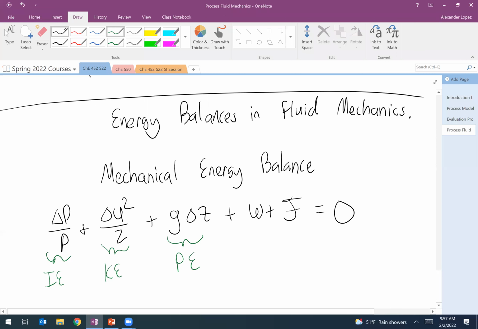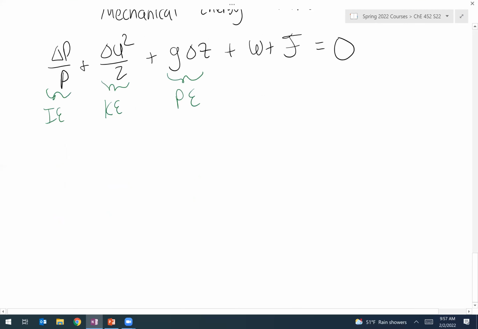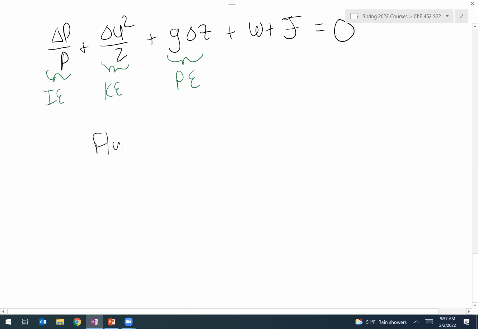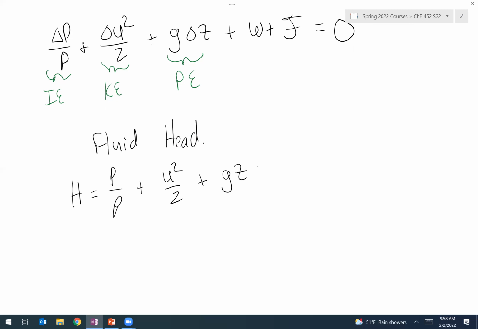Another way that we can think of this is by considering the concept of fluid head, where the head of a fluid, H, is equal to these values in a given fluid. A lot of times what we're really interested in figuring out is the change in head of a fluid between 2 points, primarily for transport properties.